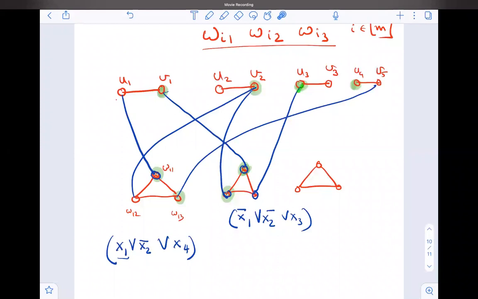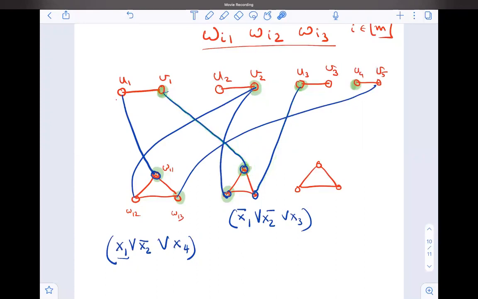So take any edge over here, and look at its endpoints. Then two things can happen. Either this edge is connected to a vertex here which was not picked up, but then this endpoint is already covered by the other side. Or if this is not there, then some other vertex was picked up here.